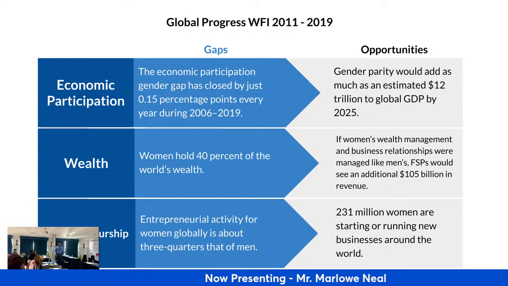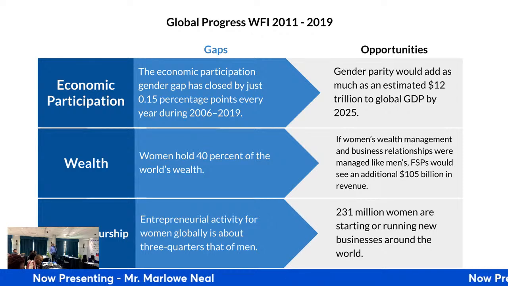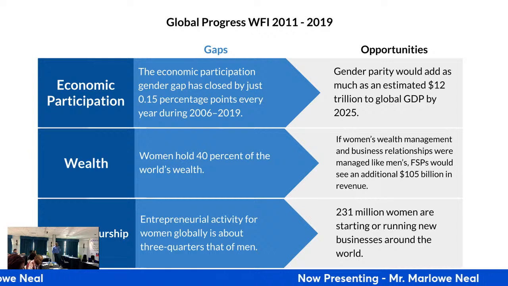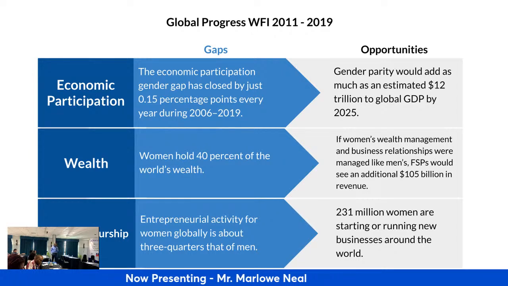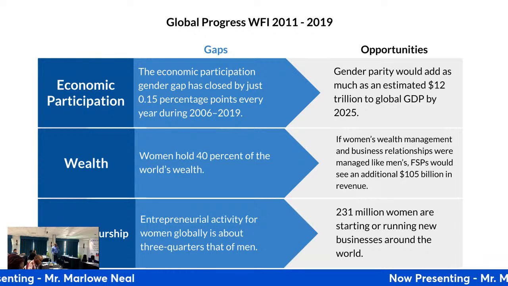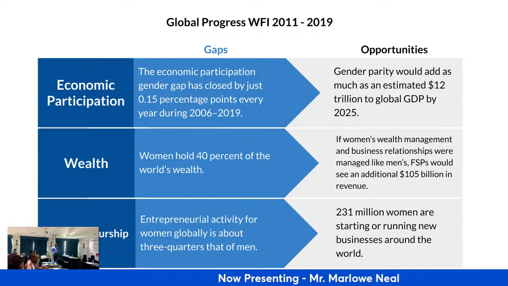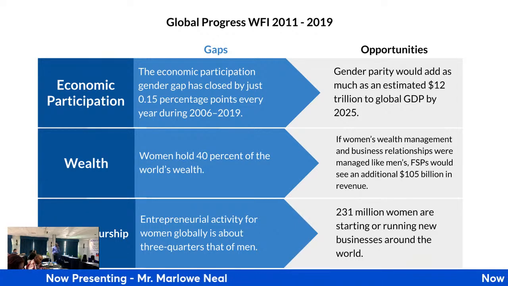Now, what is the data saying as far as women's financial inclusion and the progress that we have made globally? From 2011 to 2019, in terms of economic participation, obviously there are still some gaps. The economic participation gender gap has closed by just 0.15 percentage points for every year from 2006 to 2019.